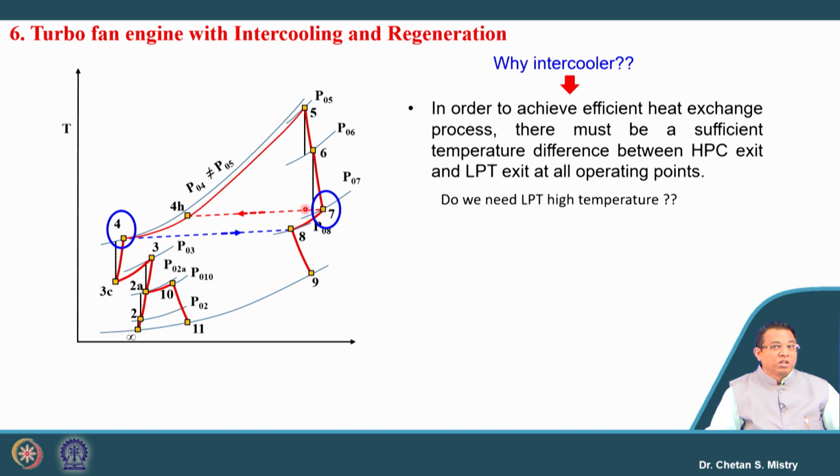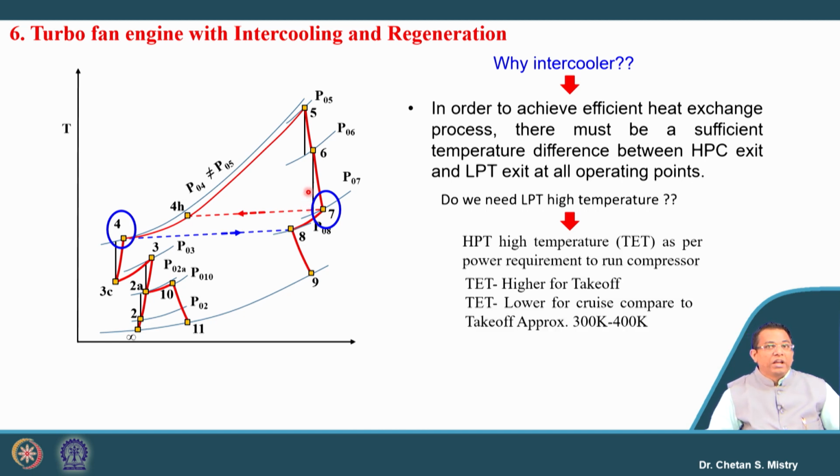Now the question will come, sir, why are we looking for this point to be higher? Basically, this is driven by our HP turbine, the turbine entry temperature, which plays an important role. The turbine entry temperature for takeoff condition is higher. For the cruise condition, for which we have solved the numericals up till now, the turbine entry temperature is lower than at takeoff, in the range of 300 to 400 K. If that is the condition, what will happen?